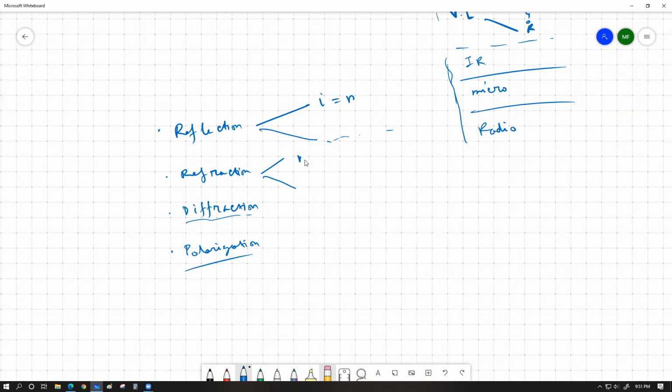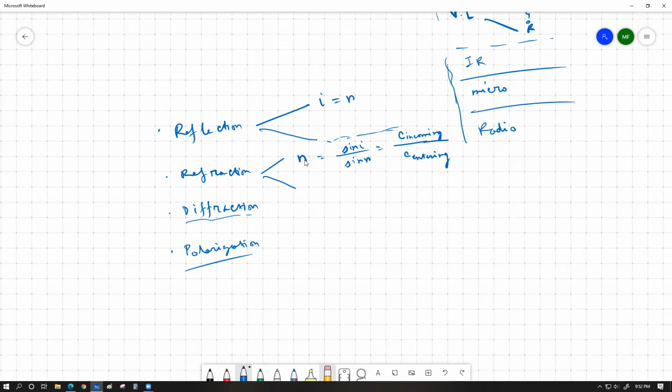Snell's law actually gives us a fixed ratio, which is given by the ratio of sine i to sine r. This is the more common expression for this constant, which can also be written as the speed of light in the incoming medium, C, which is the general symbol for the speed of light, divided by C of the entering medium for the light.